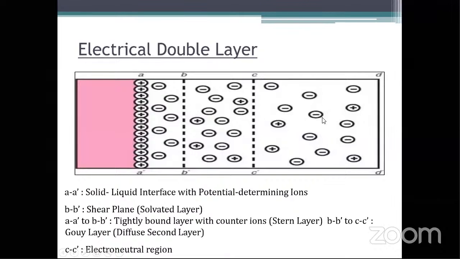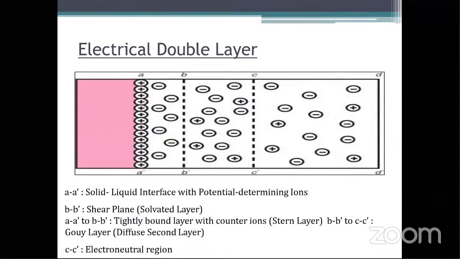If questions come, write a short note on electrical properties of interface or electrical double layer, you have to draw this picture and point out very carefully all the points regarding this electrical double layer.